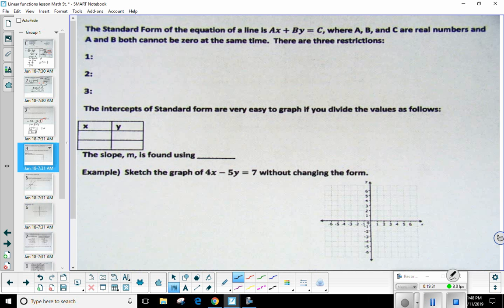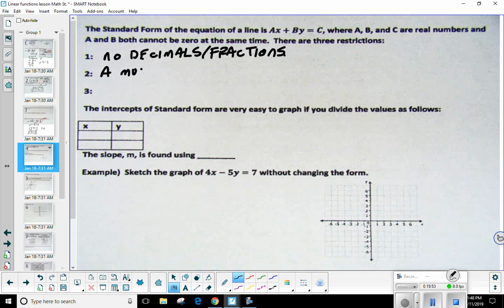Okay, no decimals. So no decimals, no fractions. Okay, that's one. What's the second one? It's something about a itself. A can't be negative, so a must be positive.